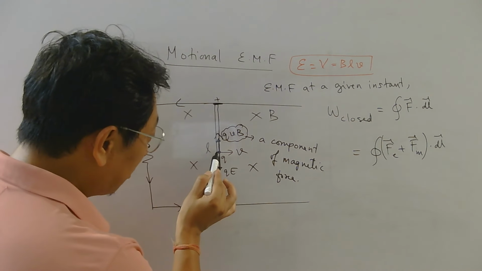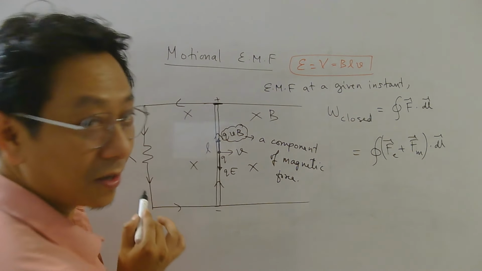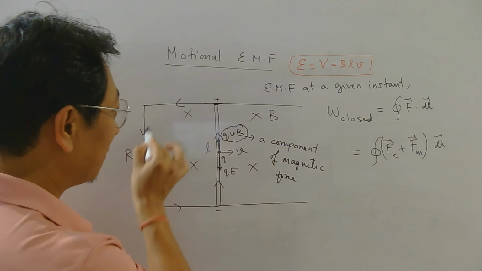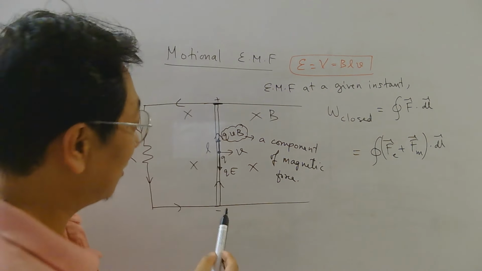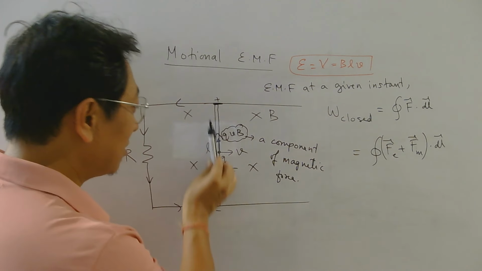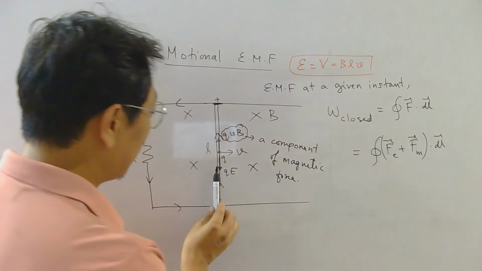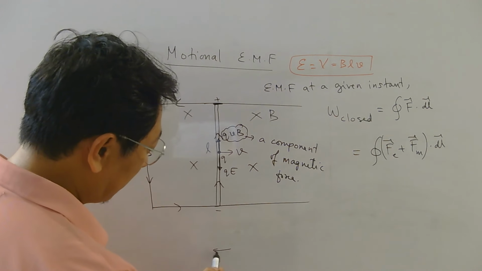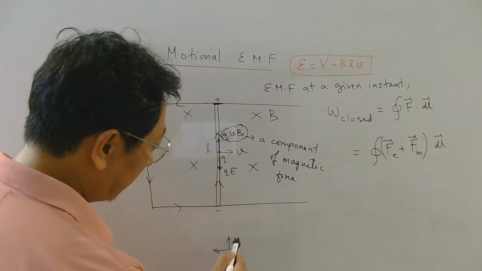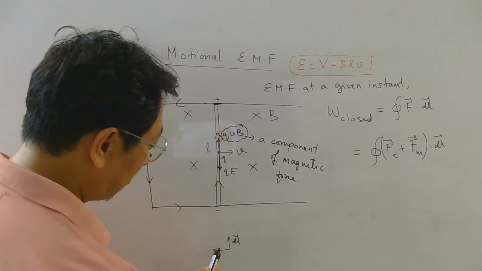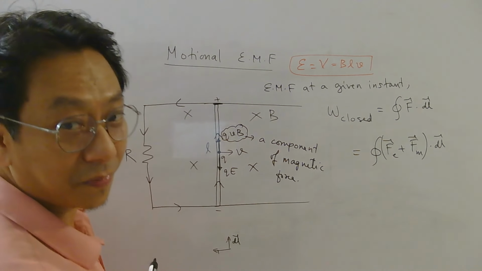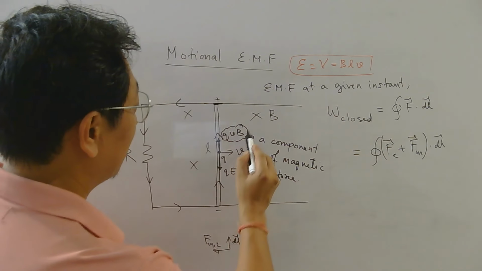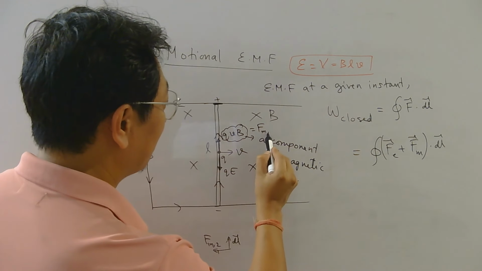But I don't care about this force right now, because to find EMF we have to integrate along the loop at a given instant. So when I am moving along this loop, dl vector will be here, and the other component of magnetic force will be here. Let me call the second component Fm2, and this one Fm1.